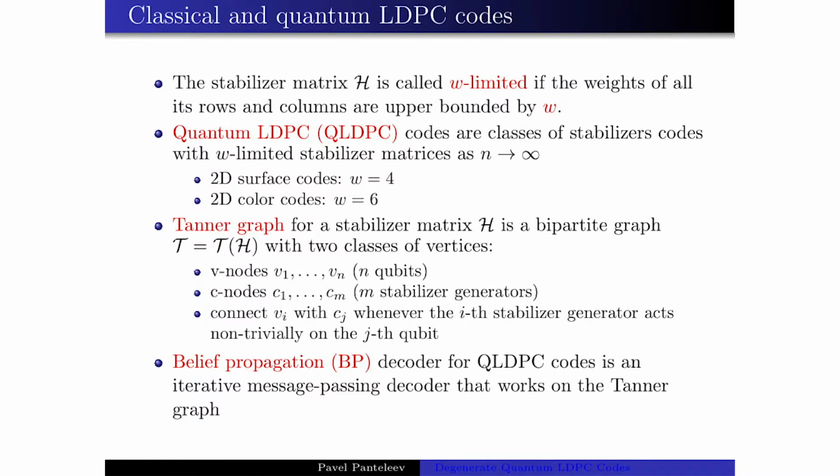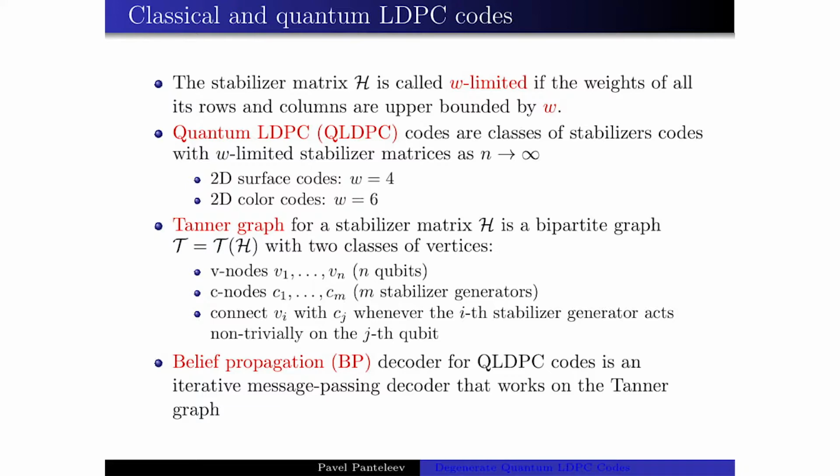We call the stabilizer matrix W-limited if the weights of all the rows and columns are upper bounded by W. The main class of codes that we consider in our work is quantum LDPC codes, and these are classes of stabilizer codes with W-limited stabilizer matrices as the number of physical qubits goes to infinity.